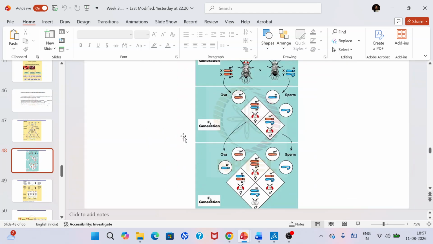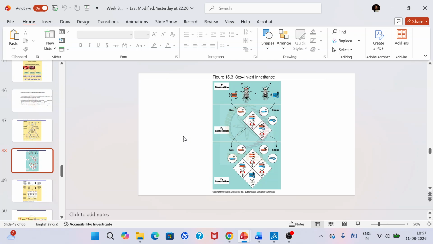Okay. So this was again the sex linked inheritance, in which if a character is present on the sex chromosomes of the parents, then the inheritance will be sex linked. In case of Drosophila, females have an XX type of sex chromosomes, and males have XY.